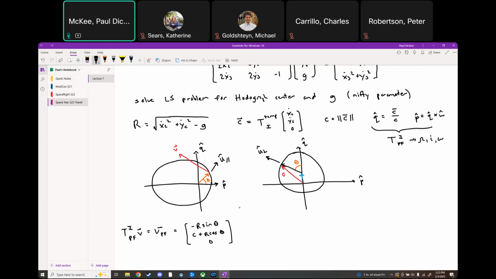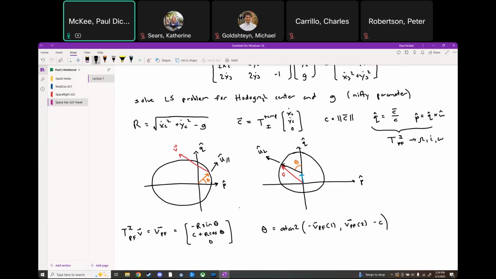We get a parafocal velocity, and now we can say that theta is arctangent 2 of negative v parafocal 1 divided by v parafocal 2 minus the scalar c. And that's it. We can now go from 3 velocities to r, c, omega, I, omega, theta, and then also E and A if we so choose.